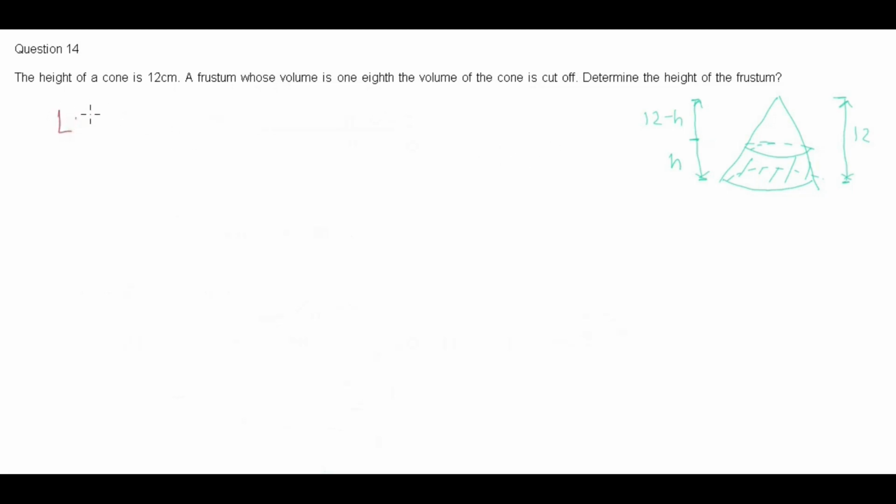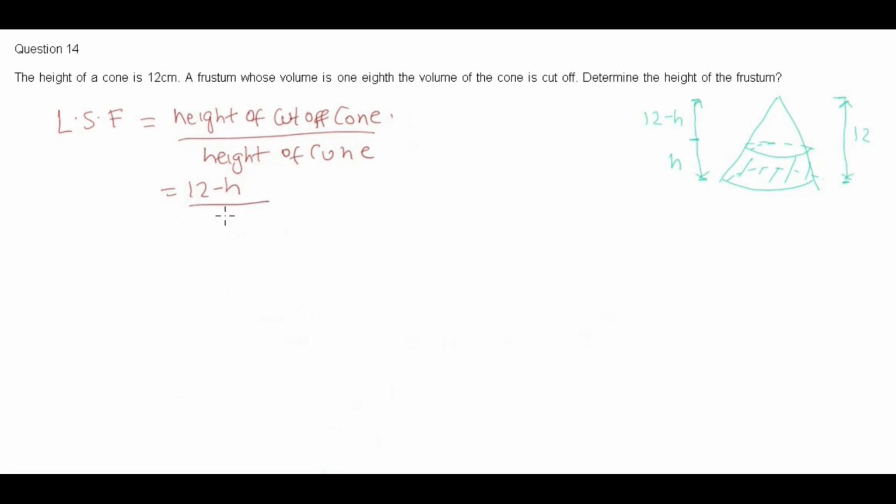So the length scale factor is given by the height of the cut off cone over the height of the cone. So it is 12 minus h over the height of the cone, which is 12.